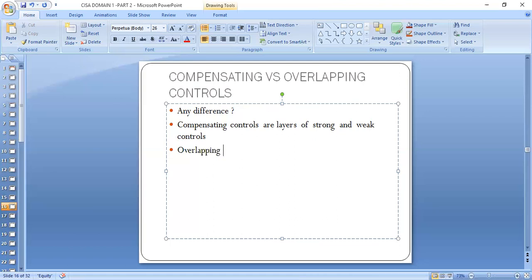To access a very important, critical application, you have to use a user ID and strong password, a biometric feature, and a one-time password, just for one application. Those are overlapping controls, multiple strong controls.